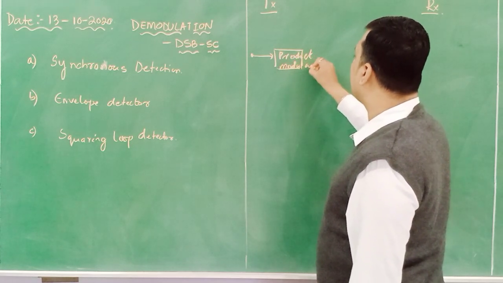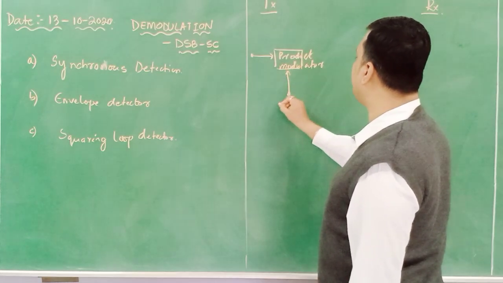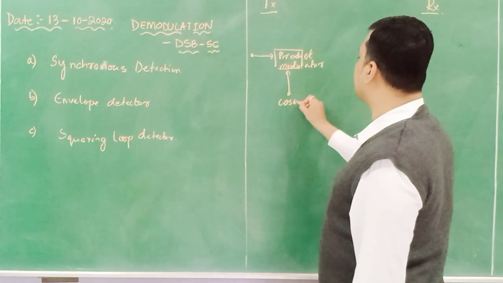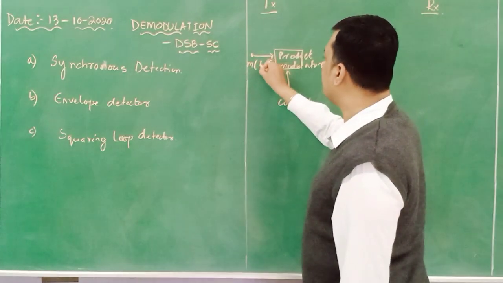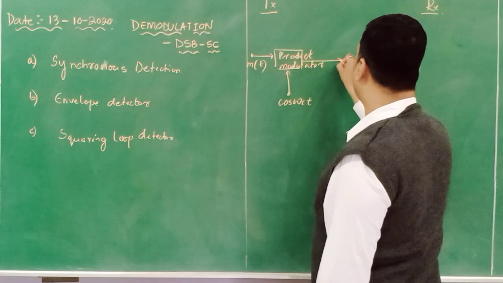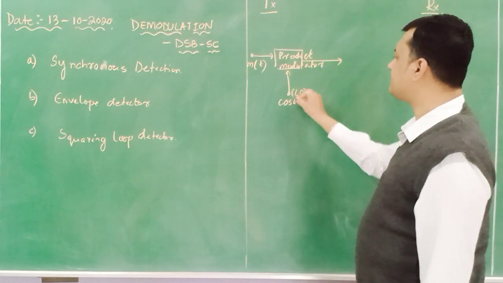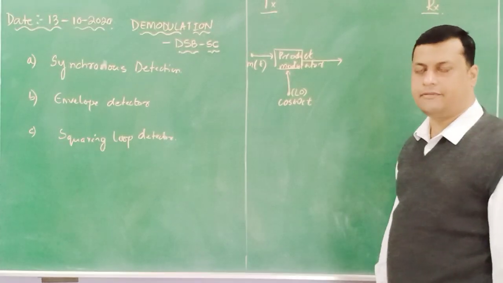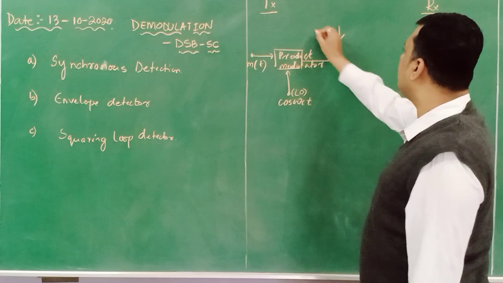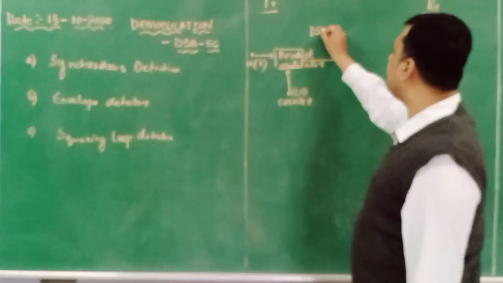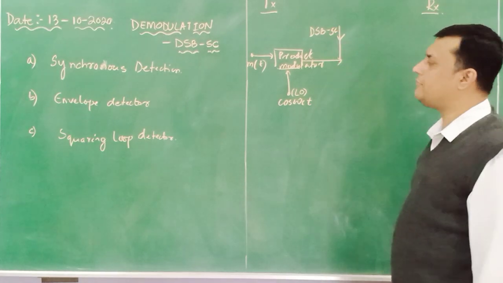It is a product modulator in which the carrier component cos omega_c t is provided along with m(t), and you get the DSB-SC signal. This carrier is generated with the help of a local oscillator. So here we have generated the DSB-SC signal. This is the basic block diagram to generate it.